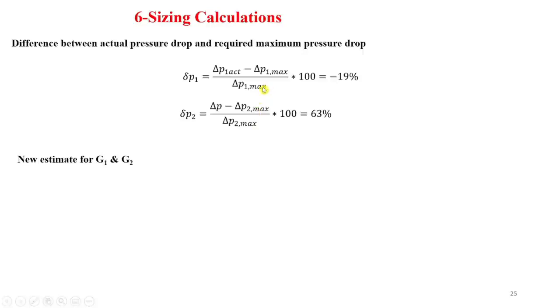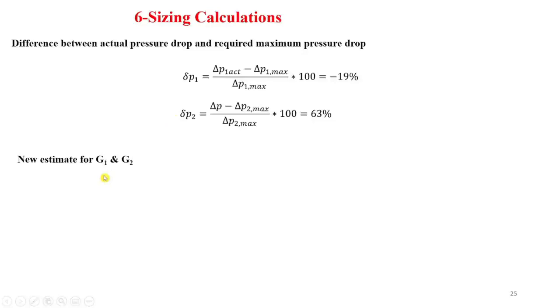So for this case we have to repeat the calculation again until we get to the convergence criteria. The convergence criteria, actually, we set how much is the allowable delta P1 and the allowable delta P2, at which we stop and say that convergence has been achieved.